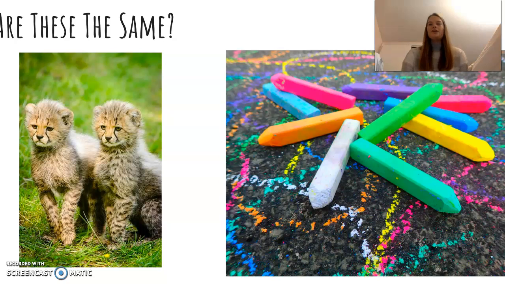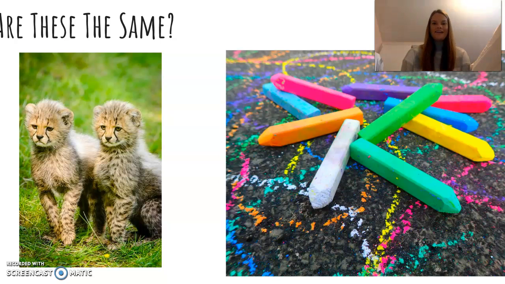Cheetah. It does! It does have the digraph CH in its name. Great job! This next one is chalk. What do you think? Yeah, it does. Again, it's the first two letters.